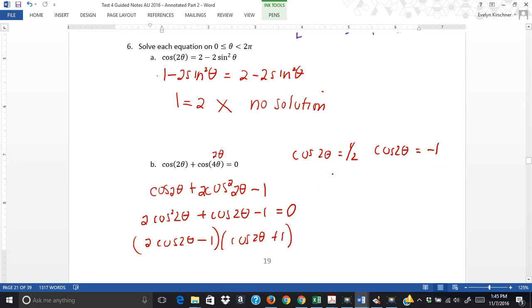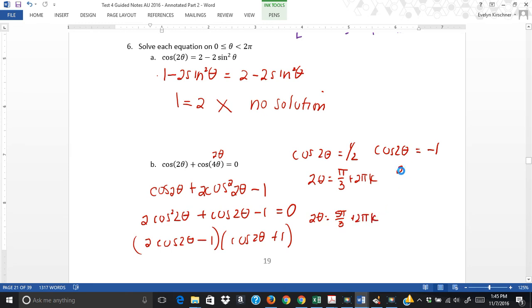So 2 theta equals... cosine is 1/2 at pi over 3 plus 2 pi k, or 2 theta is going to equal 5 pi over 3 plus 2 pi k.